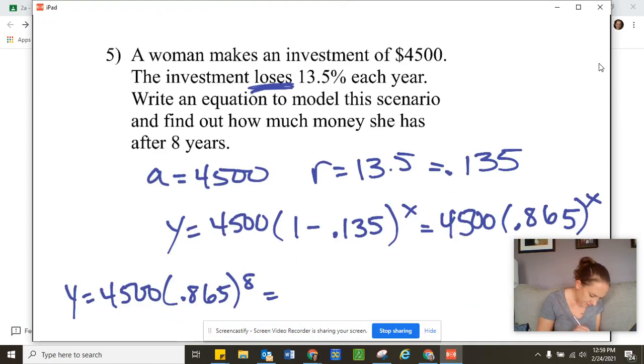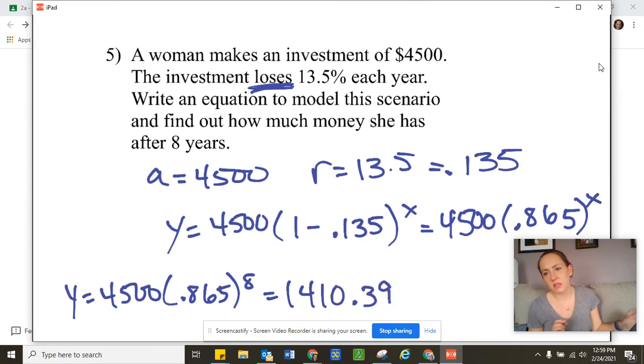Look at how much money she lost. That's horrible.